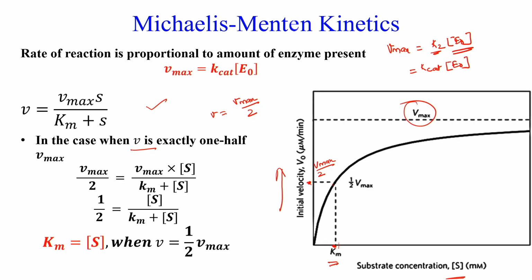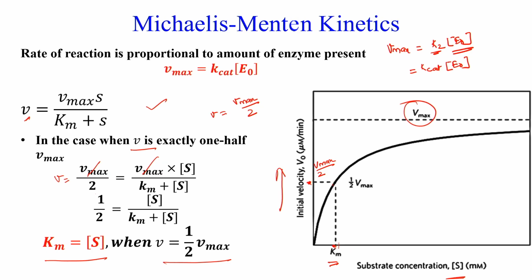So, if you put V as Vmax upon 2, this is Vmax S upon Km plus S. So, Vmax will be cancelled out. So, we will end up with 1 upon 2 equals S upon Km plus S, and if you rearrange this, you will get Km equal to S when V is equal to Vmax upon 2.